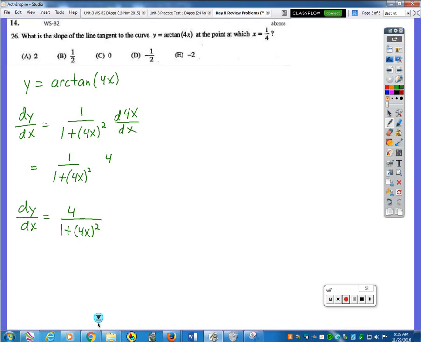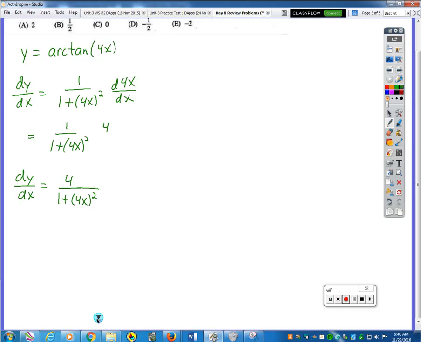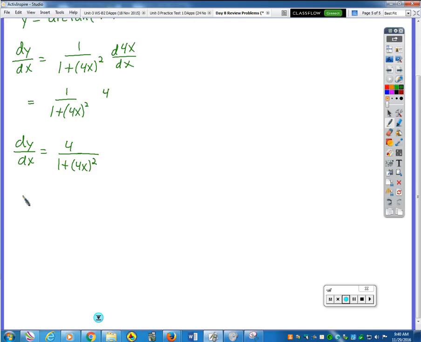So we have a question there. And I'm supposed to find the value of the derivative when x is equal to 1/4. So I take dy over dx. This bar means at x equal 1/4. It'll be 4 divided by 1 plus parentheses 4 times 1/4 all squared.